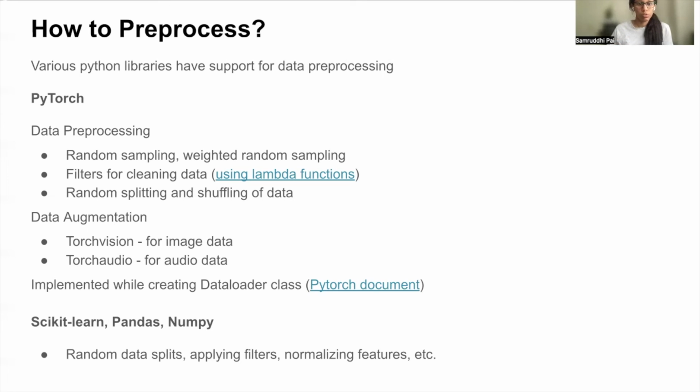So you can have functions for random sampling, weighted random sampling if there is class imbalance. You can use Lambda functions and define what kind of data cleaning is required and then apply those filters to your data. There is also support for splitting or shuffling the data.